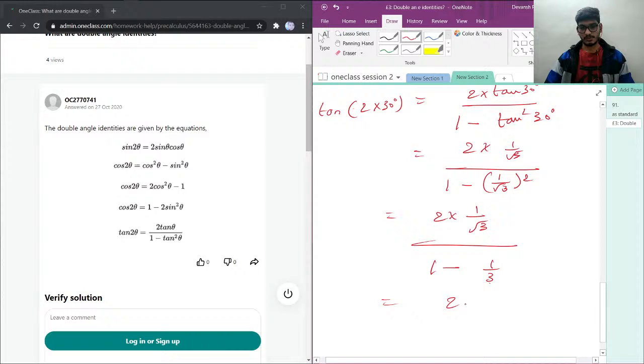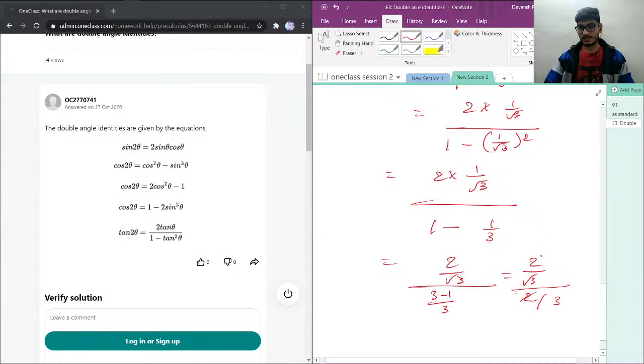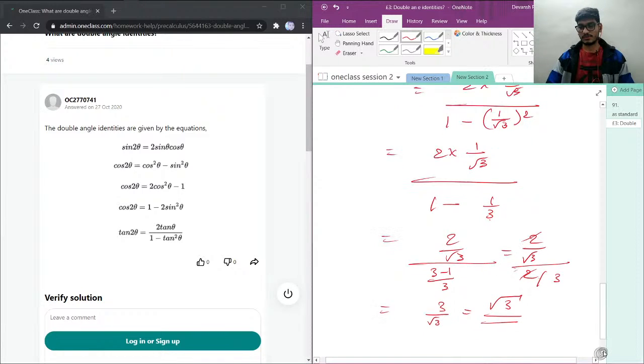So this will be 2 over root 3 over 3 minus 1 over 3. 2 over root 3 over, this will be 2 over 3. So I can cancel this 3, this 2 and 2, and this will become 3 over root 3, which is basically square root of 3, and tangent of 60 degree is square root of 3.